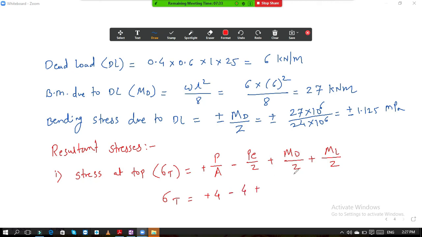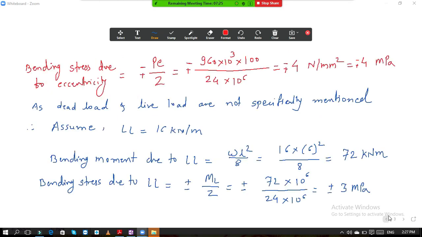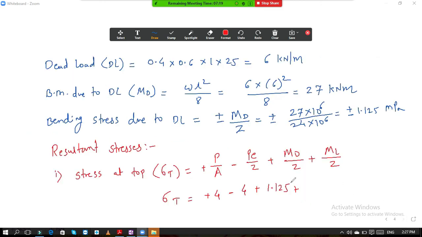Then MD by Z is 1.125, plus ML by Z, which is plus 3. So sigma T is equal to, this 4 will get cancelled, 3 plus 1.125, it is 4.125 MPa or Newton per mm square. This is your total stress at top.